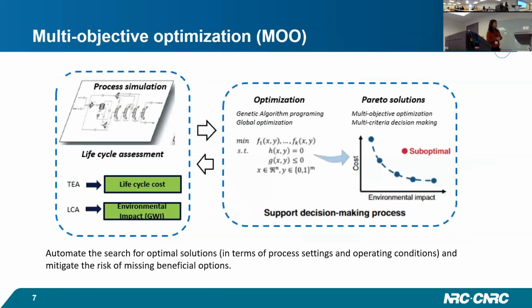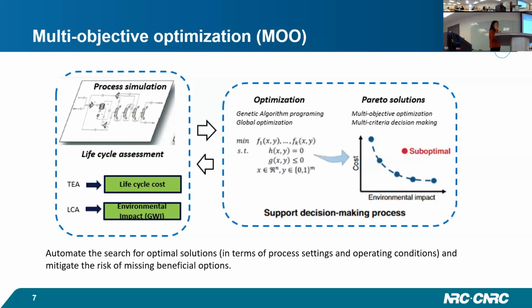So we know there are a lot of operating parameters that will affect the final economic and environmental impact results. Normally, when a technology is designed to maximize its profit, usually it will also increase its environmental impact as well. So there's a trade-off between these two objectives.